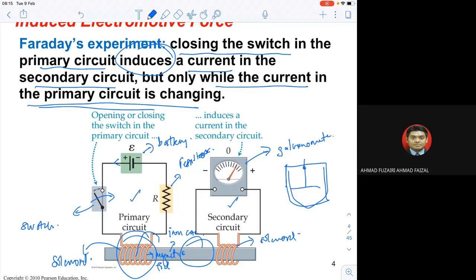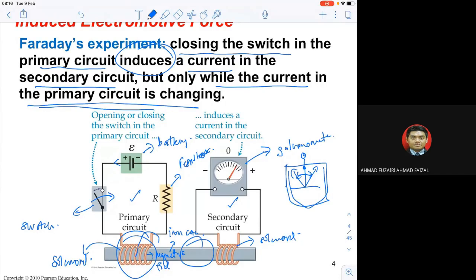Okay, zero. The galvanometer will show the needle changing from here to here, changing the directions, because the function of a galvanometer is not to measure the current but to detect the current.